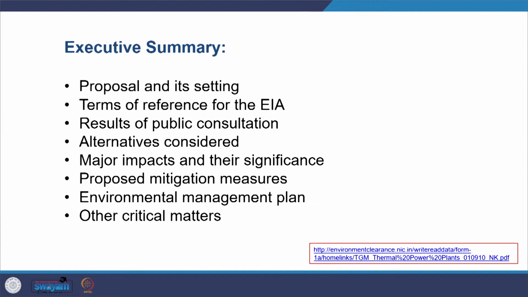So what was the terms of reference for the EIA, the results of the public consultation, alternatives considered, major impacts and their significance, proposed mitigation measures, the environmental management plan, and any other critical matter that bears on the decision. All that has to come in the executive summary, in a very crisp, concise manner.